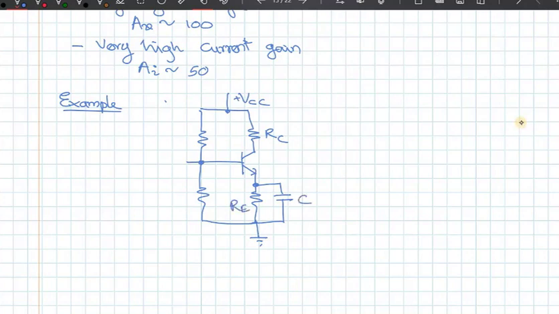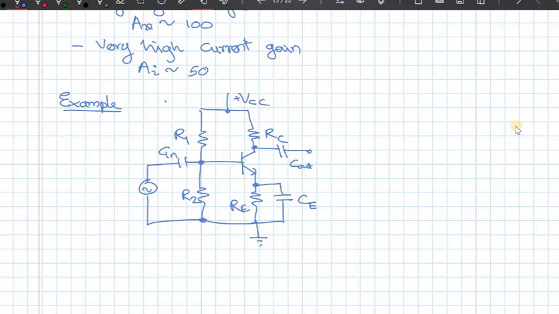This is the bypass capacitor, let's call it CE, R1 and R2. You can feed the signal input through a capacitor C in, and look at the output at the collector connected through an output capacitor. So this is a typical common emitter BJT amplifier.